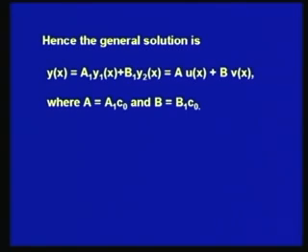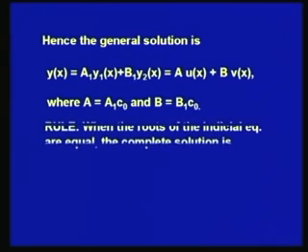Here the general solution of the given differential equation is y(x) equal to a1 into y1(x) plus b1 into y2(x), which is equal to a times u(x) plus b times v(x), where we write a equal to a1 C naught and b is equal to b1 C naught.